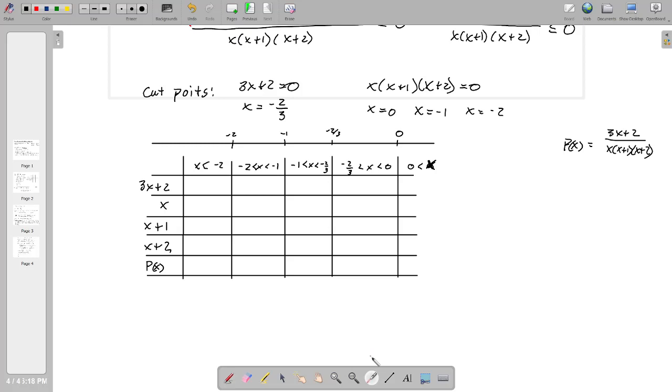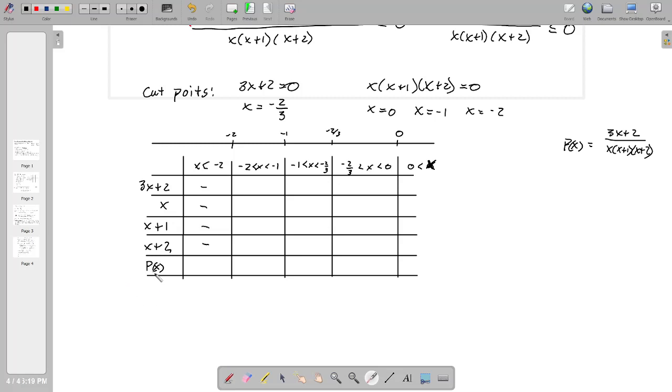So now we check the sign when we plug in a test point on each interval. So on the interval x is less than -2, we use a test point, -10. If we plug in a -10, this value is negative. We get a negative here. Plug in a -10, we have a negative here. Plug in a -10 and a -10, we get a negative and a negative.